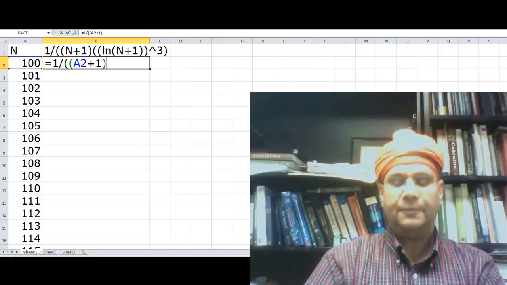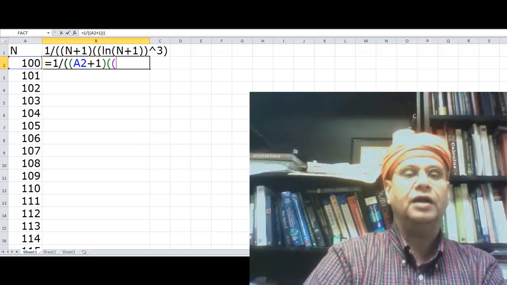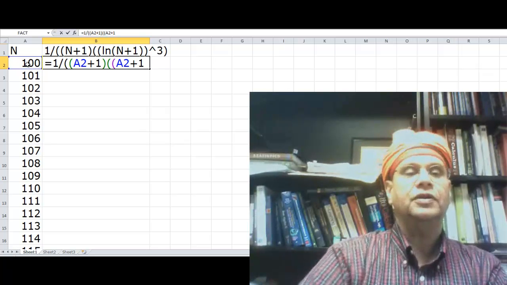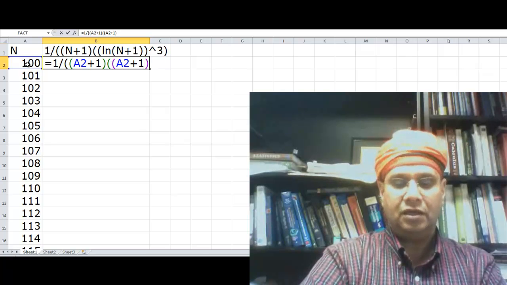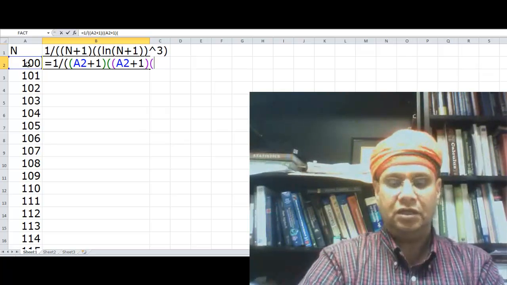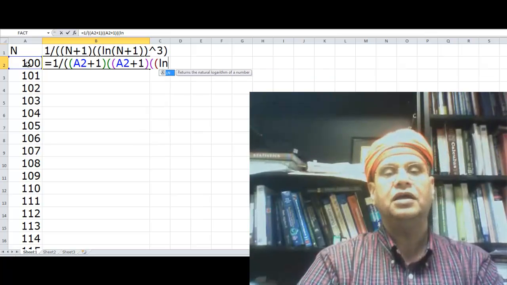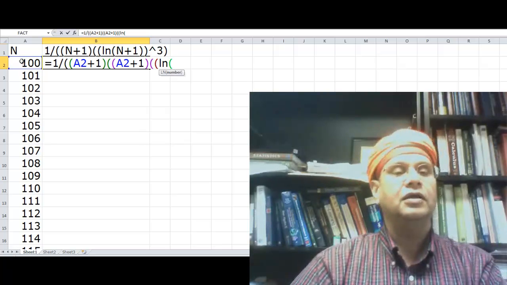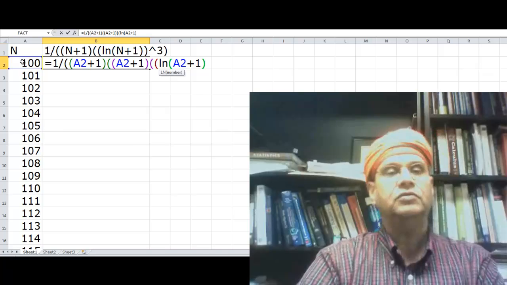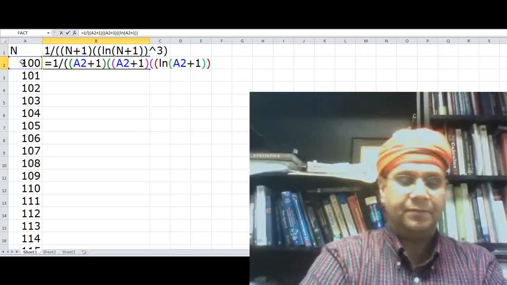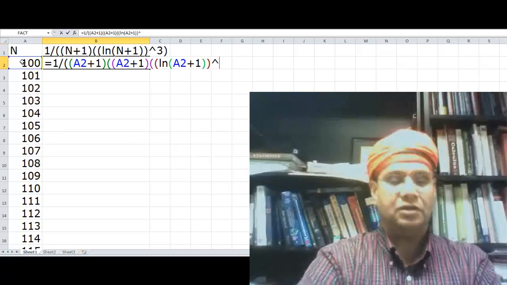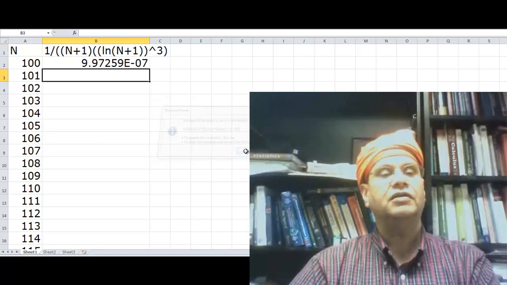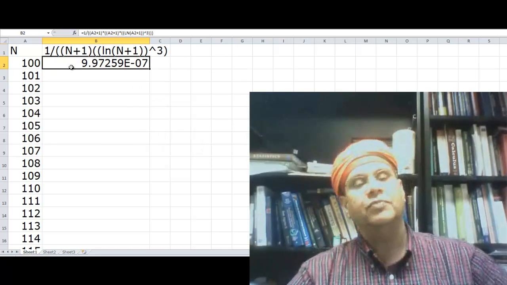And then again this plus 1, and then I hope it takes a natural logarithm, very nice. So that's what it does, right? Plus 1, then to the power 3. I should correct everything. Yeah, here we got it.